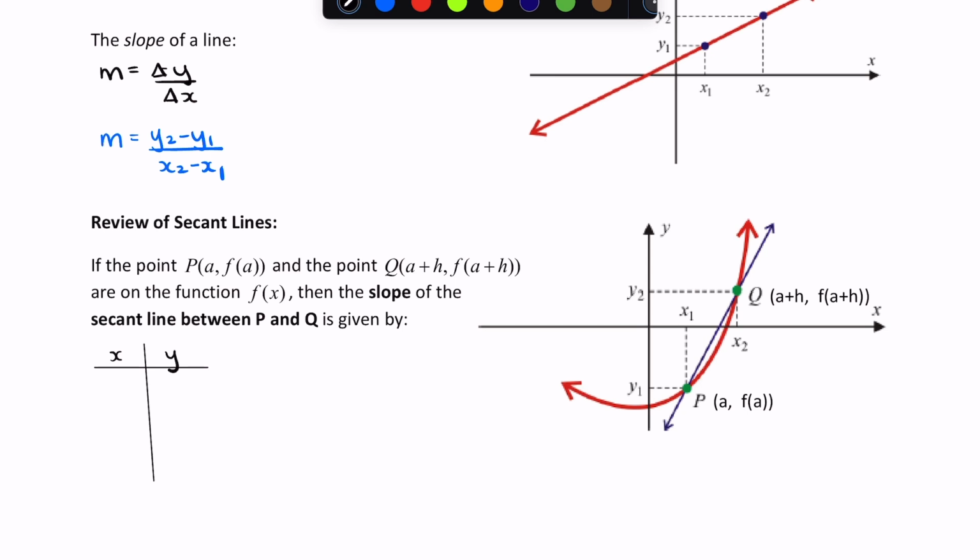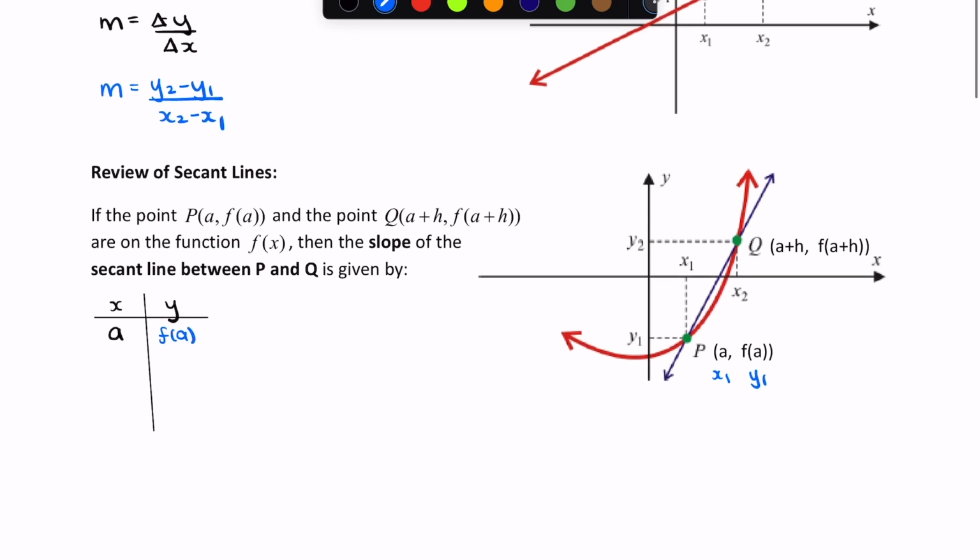So if we draw a table of values for x and y, if our first point is A, and we look at the graph on the right, our point P here is A, which will be x1, and our y value will be f of A, which will be y1. And for our second x value, we see that it's going to be a plus h, and our y value will be the function of a plus h.